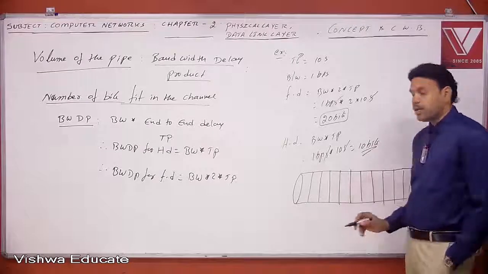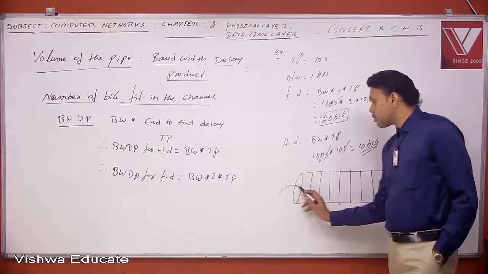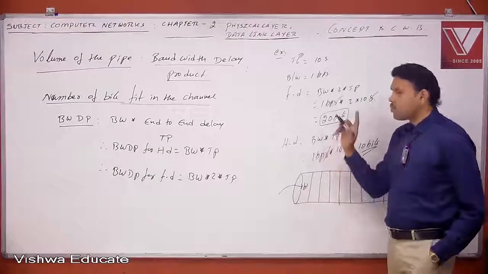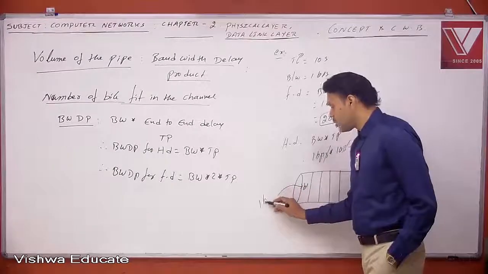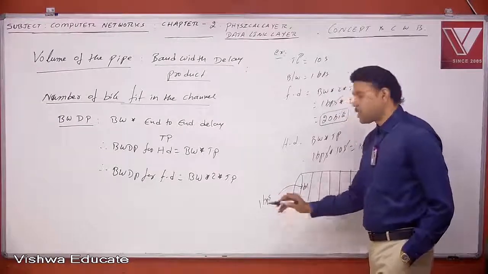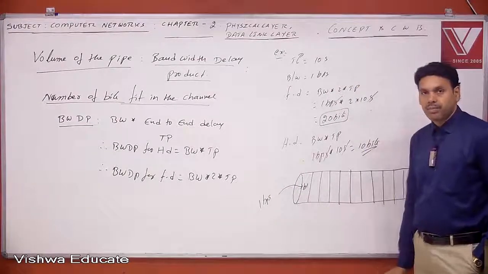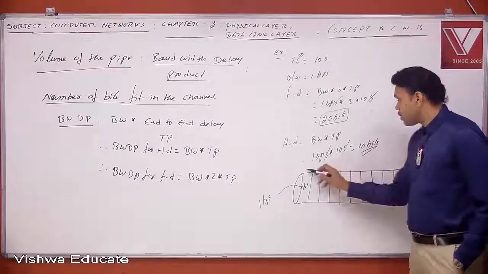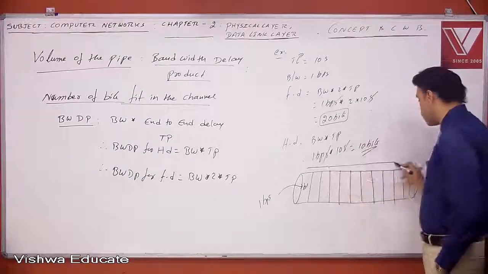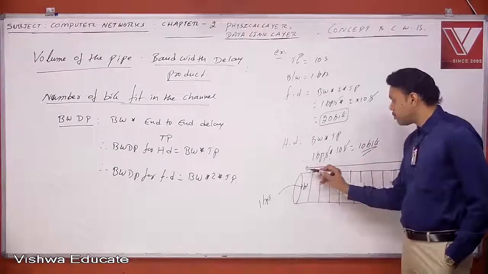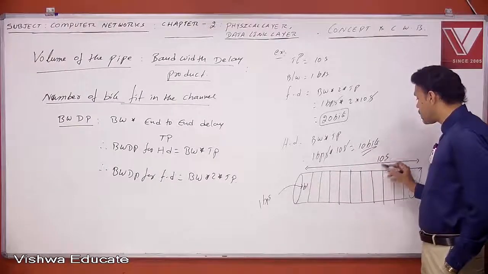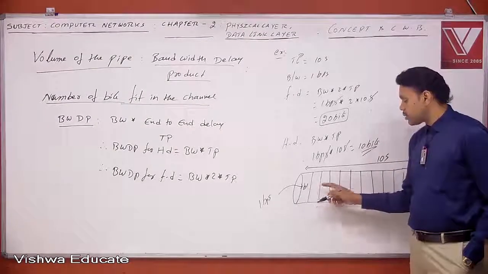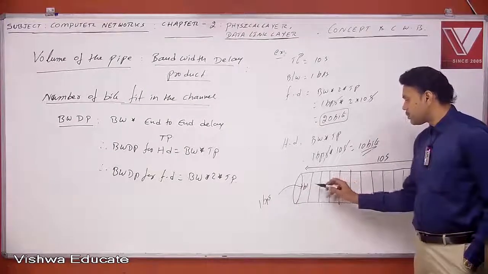The sender sends bit 1 with bandwidth 1 bit per second. That means every second he will inject a bit into that. But that bit cannot come out immediately, because how much time are you taking to send one bit through your channel? 10 s. Therefore, the bit travels here and here and here.